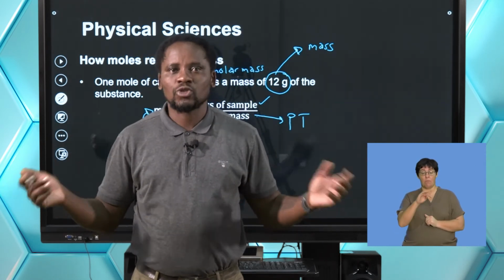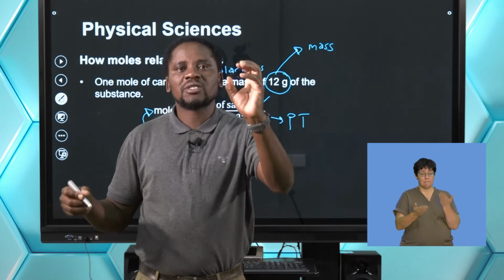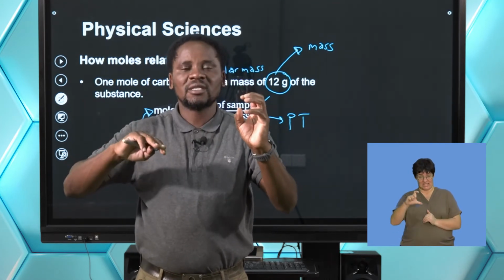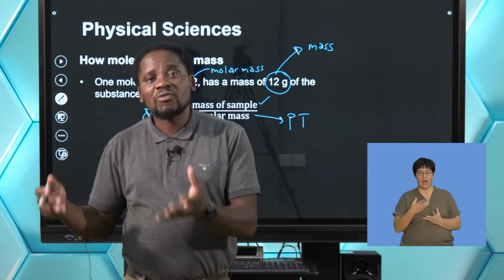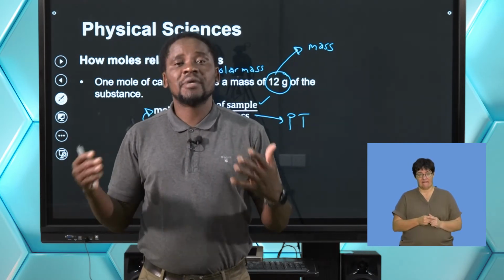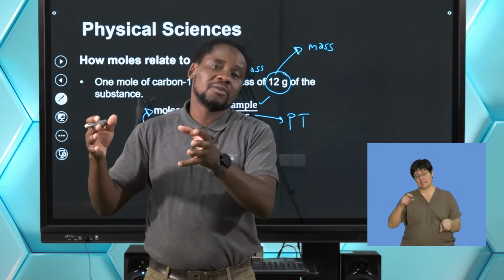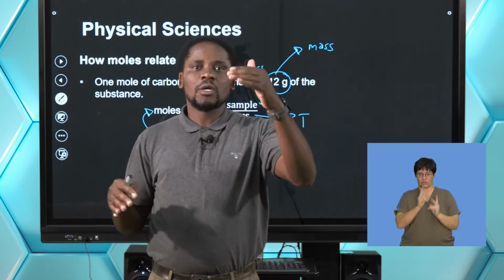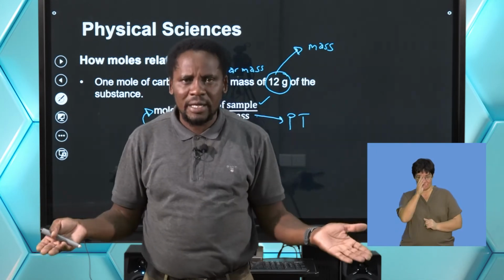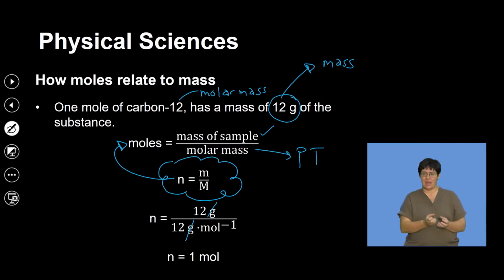That's the idea. If moles equals mass over molar mass, then a mole of any substance has a sample mass equal to the molar mass of the substance. So 12 over 12 gave us 1. Take note of that as well.